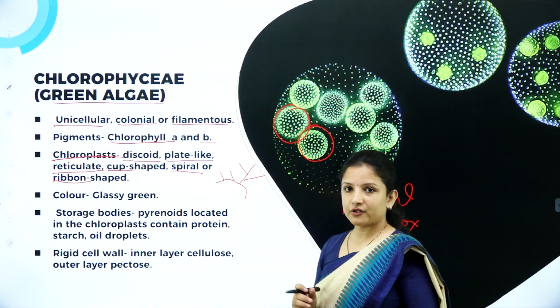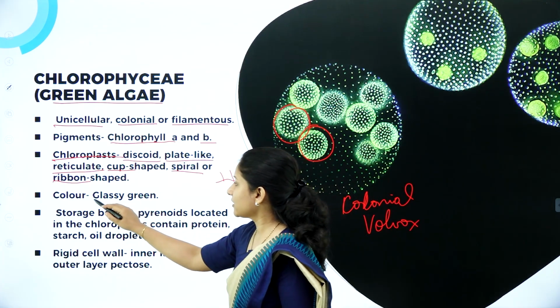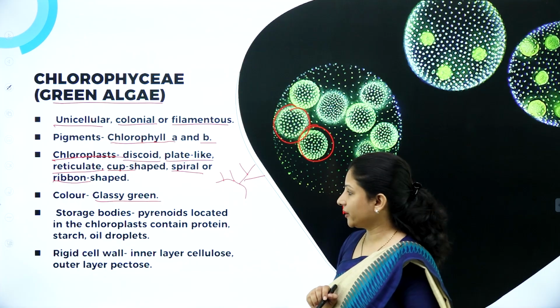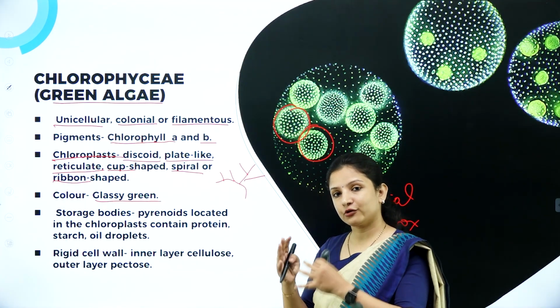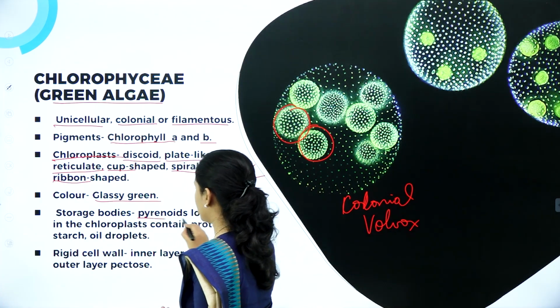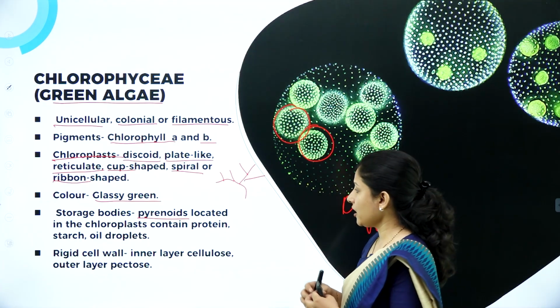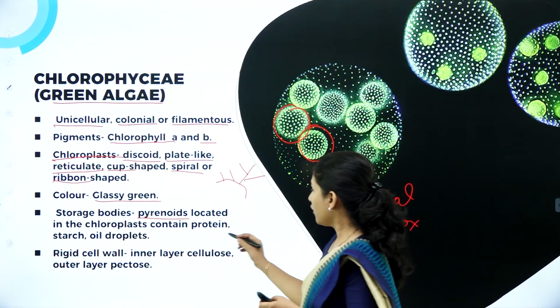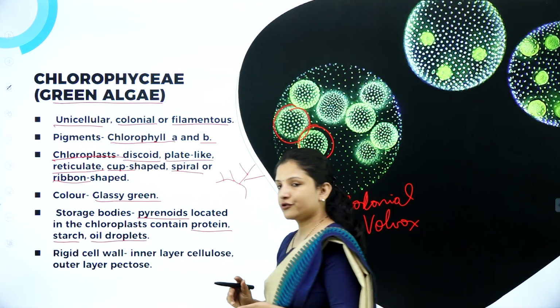And next, talking about the color of Chlorophyceae algae, it is obviously grass green in color because it has chlorophyll A and B pigment in it. And apart from the chloroplast having pigments, it also has storage bodies called pyrenoids. And these pyrenoids help this Chlorophyceae algae to store food in the form of protein, in the form of starch, and also in the form of oil droplets.